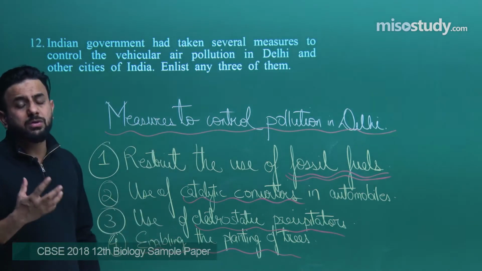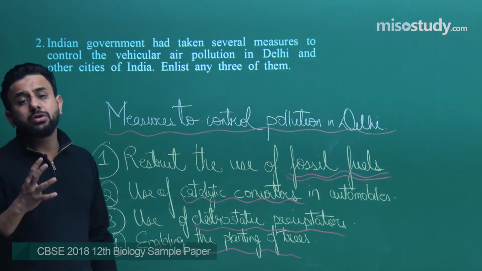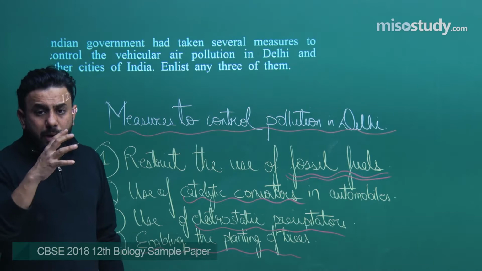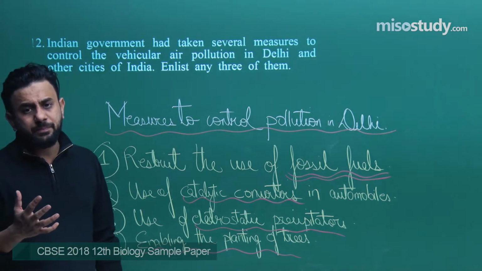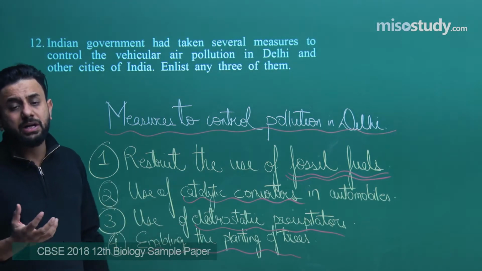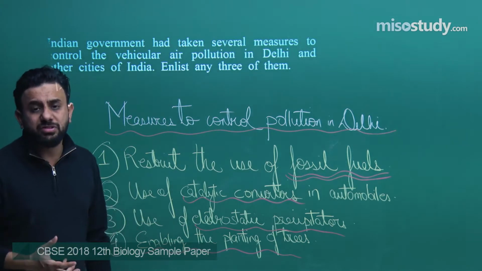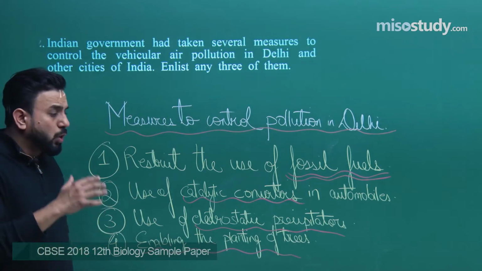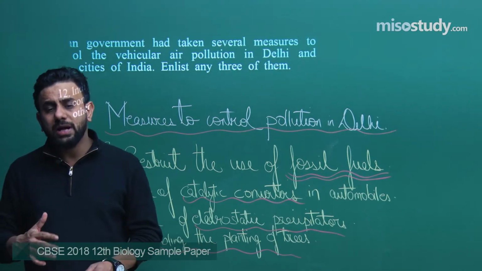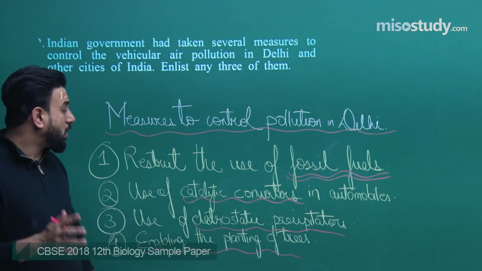Now, why are automobiles creating pollution? Because the hydrocarbon is not burnt completely, and because the hydrocarbons are not burnt completely, sulfur dioxide, carbon monoxide and such gases will be produced in the air. So what we need to do is convert these very harmful gases into less harmful gases, and this is exactly what the catalytic converter does. Why is it called catalytic?